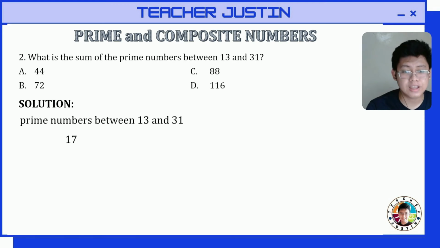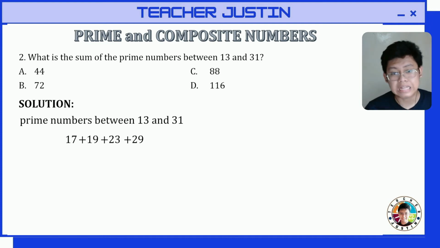Okay, so 17. Ang susunod na prime number kay 17 is 19. Ang susunod na prime number kay 19 is 23. And ang susunod na prime number kay 23 is 29. And susunod na prime number kay 29 is 31, which is hindi natin isasama kasi hanggang 31 lang yung range natin.